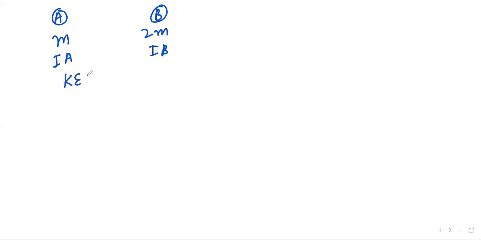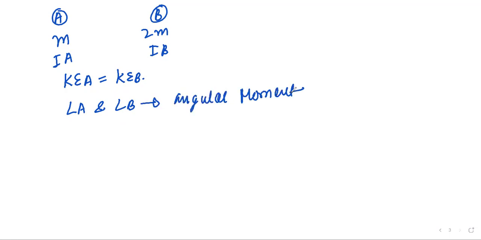So the kinetic energy of A is equal to the kinetic energy of B. LA and LB are their angular momenta. So you have to find the relation between them.